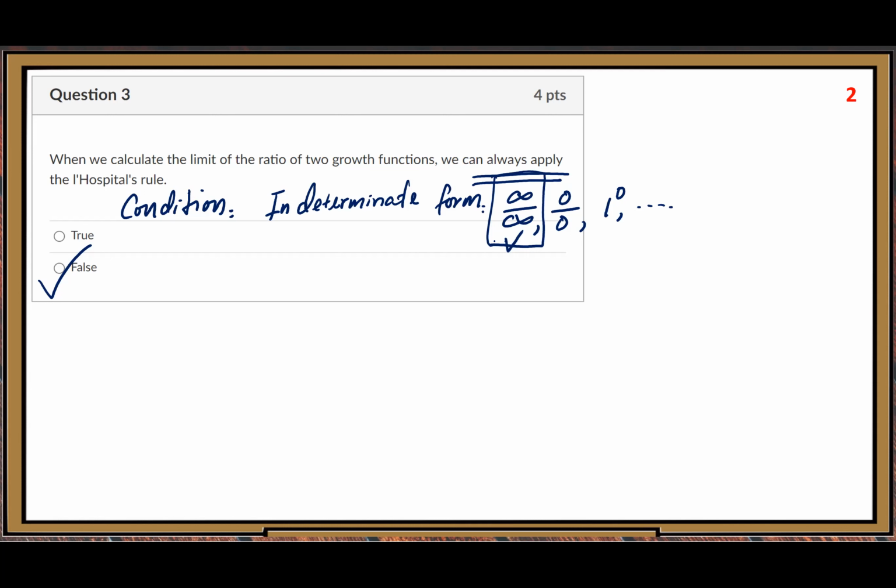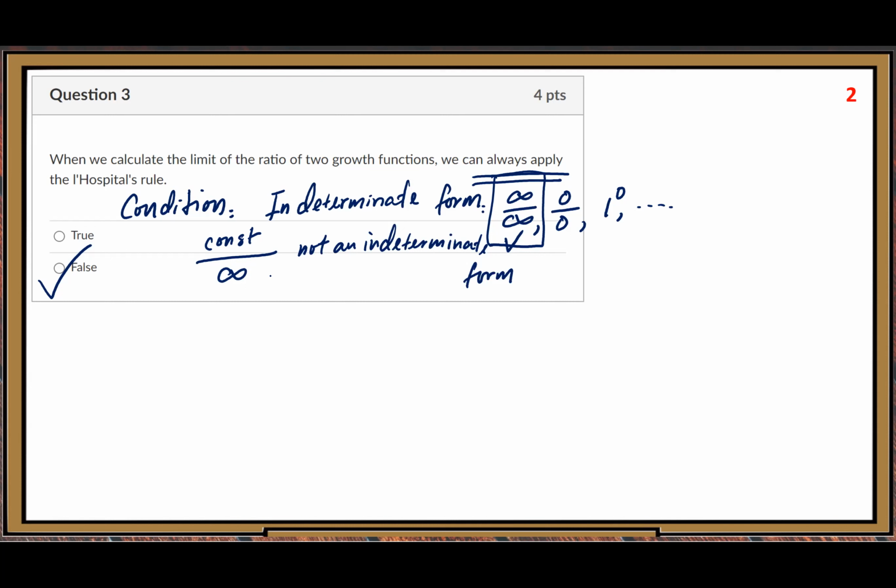Otherwise, if it's not an indeterminate form, so usually when you see a typical case, a constant over infinity, this is not an indeterminate form.